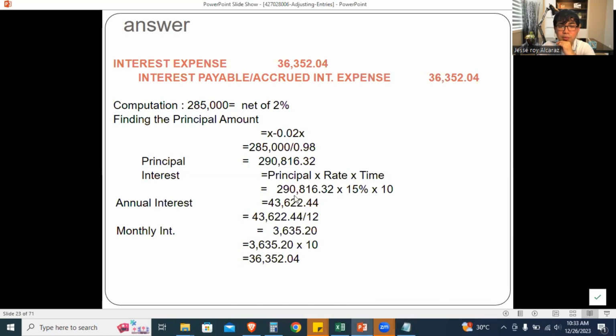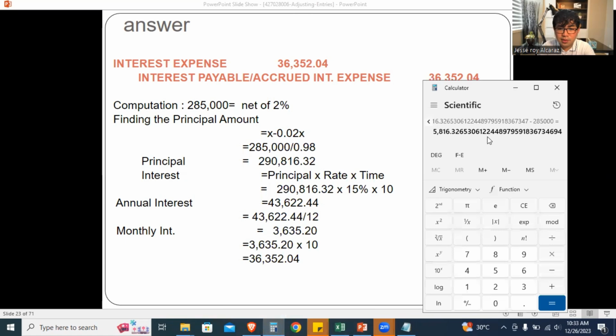So therefore, 290,816.32 times 15% is the annual interest. 290,816.32 times 15% times 10 over 12, ang atong interest for the period from March 1 to December 31 is 36,352.